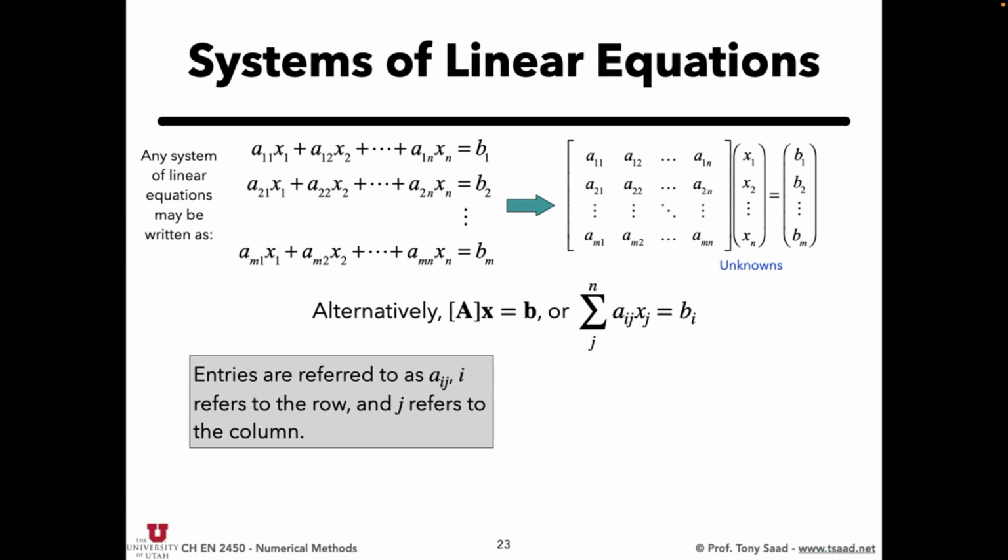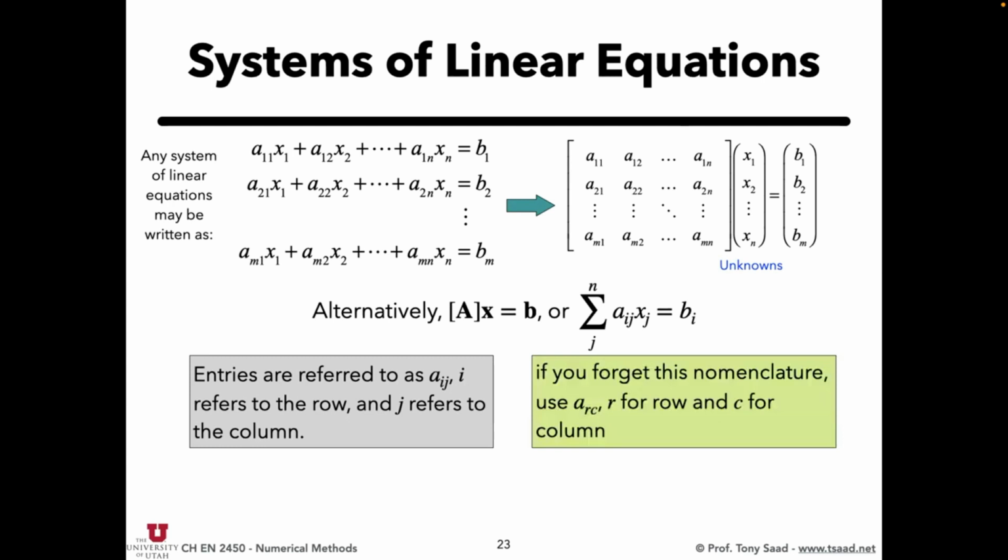I never liked the aij notation because i and j, what the heck, right? Why didn't they call them ARC, a row column? So that's what I call them, ARC, because I deal with matrices every day in my life. Even my son now, my 4-year-old, knows about matrices.